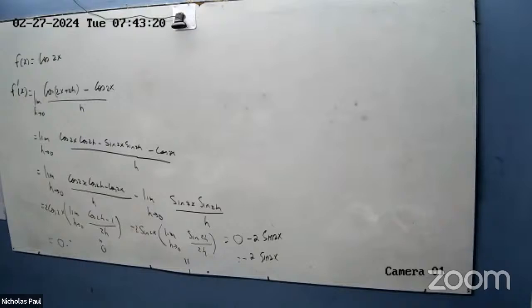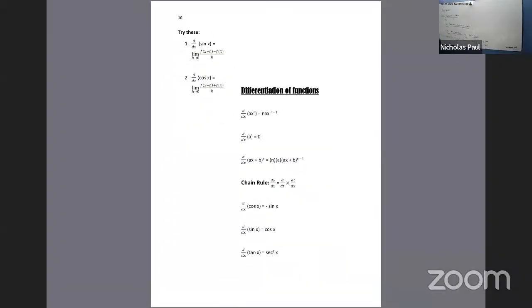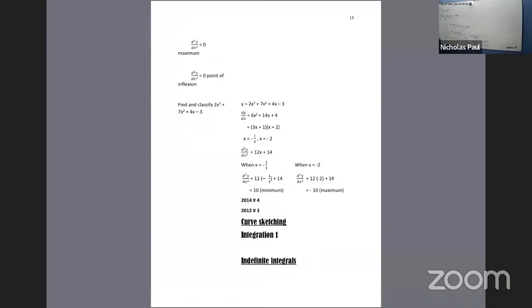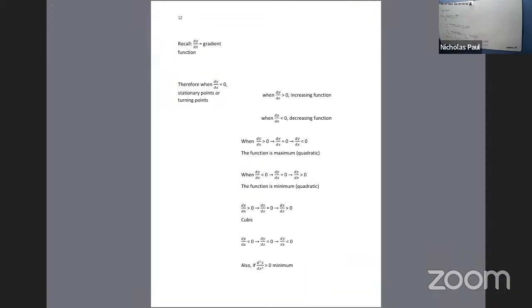All right, so let's take a look at some applications of differentiation that hopefully you remember.